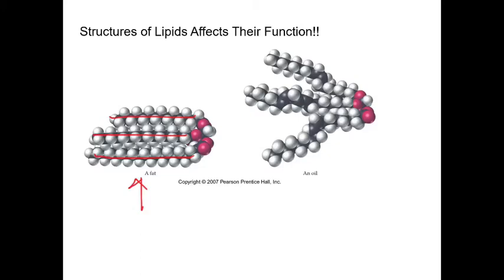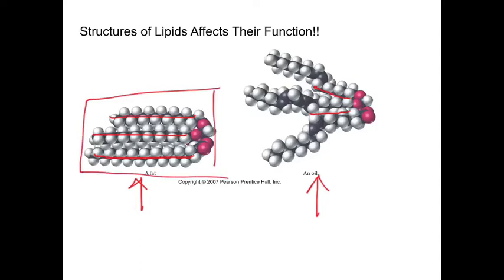Think about them sticking together versus these fatty acid tails. Notice they're only sticking together in some short regions in here. The rest of them aren't sticking together. So much easier to pull apart those three on the right than the ones on the left. So it takes more energy to pull these apart, more heat to pull them apart.